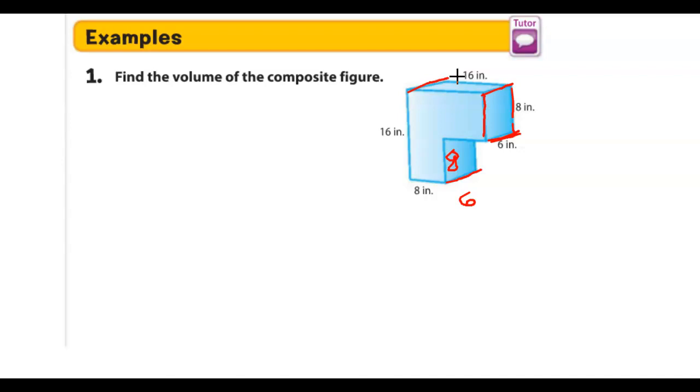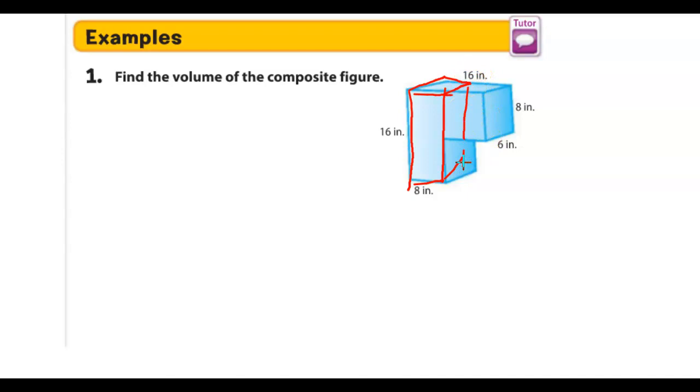So first thing that I'm going to do is envision that this gets cut off right there. So we're going to find the volume of all of this stuff here that's on the left, and it kind of looks like that.